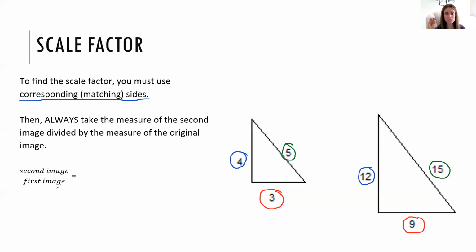Another way of saying that is it would be your new image, your scaled image, over the original, the OG, okay? In this case, we really should have an arrow here showing you which one's the first and which one's the second, but when they're lined up like this, if there's no arrow, there's no directions, the first one you see is the OG, the original. The second one is your new image, your scaled.